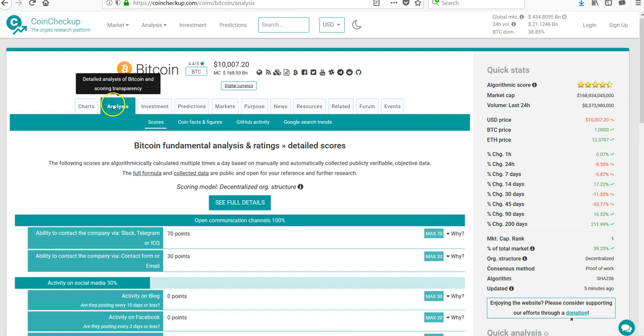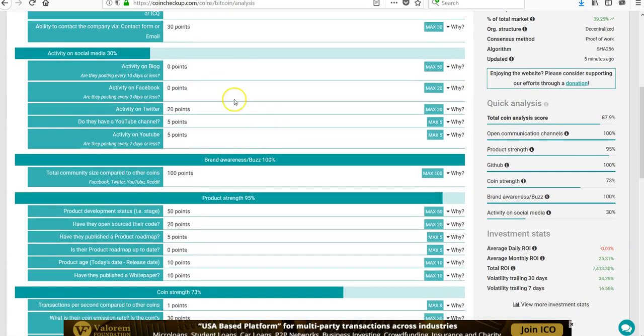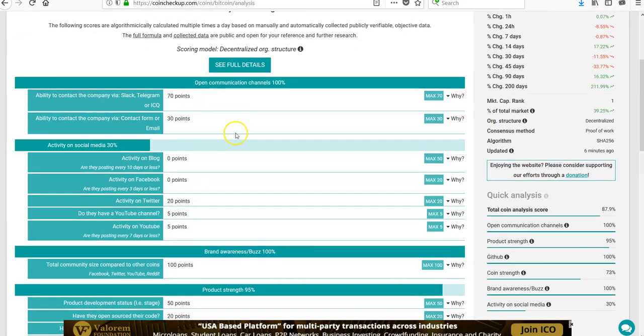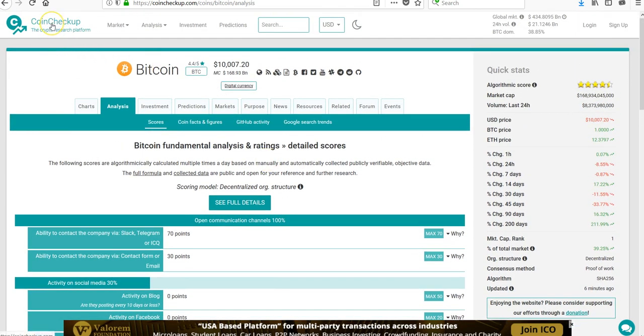Few more things here about the research. On Coin Checkup, this really is a phenomenal website that starts rating the performance, activity, whether there's social media on all the coins and how active the community is on those specific coins. So when you start looking at coins to get involved in, this is really a phenomenal tool to take a look at.